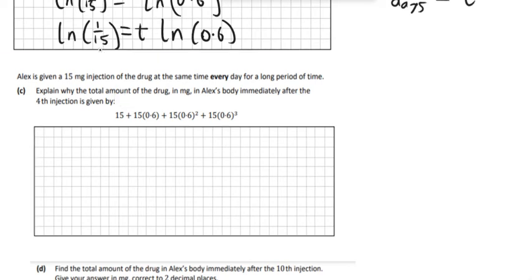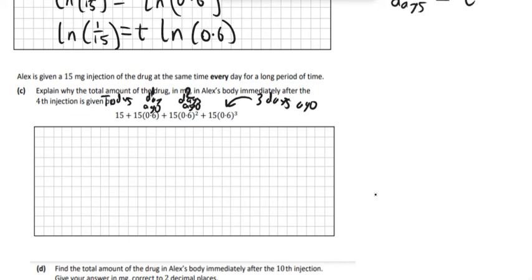If you think of the 15 there as today, and then this is 1 day ago, then that's 2 days ago, and then this is 3 days ago. So this term here is 3 days ago.